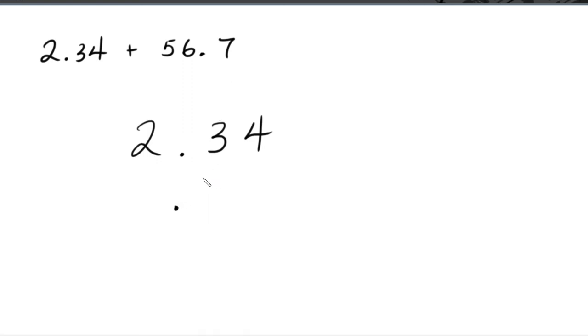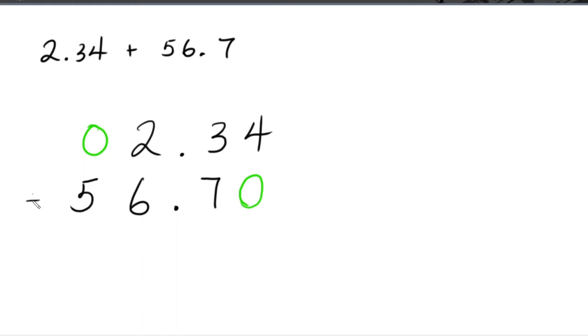I know that the 7 is going to go here because that's the tenths place. And I know the 56 is going to go here because the 6 is in the ones place, the 5 is in the tens place. I'm going to do what I did back when I was comparing fractions or rounding. I'm going to fill in a 0 to make a nice box shape, just to keep it nice and consistent.